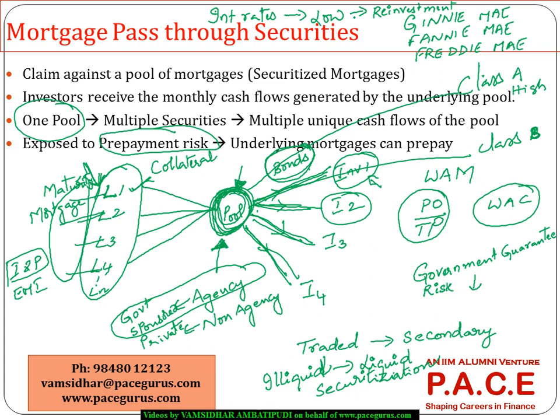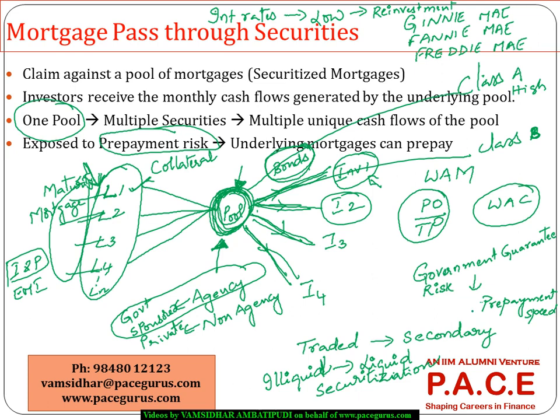Now that becomes one of the key aspects of mortgage-backed securities. We will be dealing with the various methods available to compute or measure the prepayment speed, assess what could be the amount of prepayment, and what the key factors are that impact the prepayment.